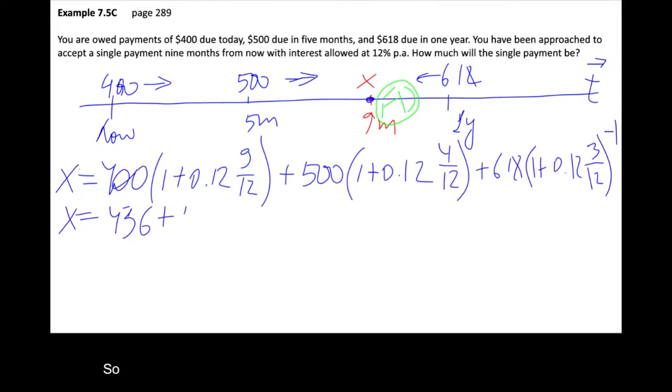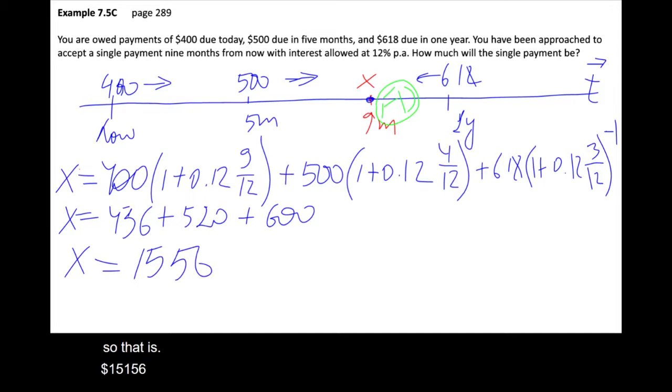So 520. $600. So X is $1,556. That is X. Okay.